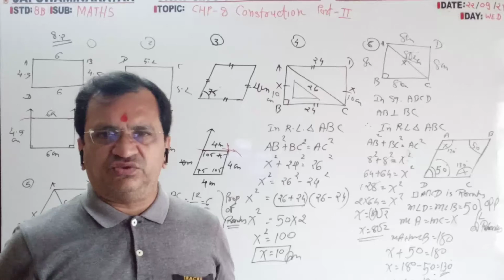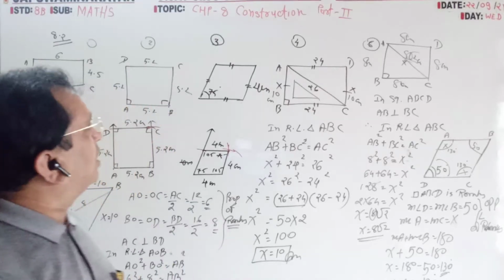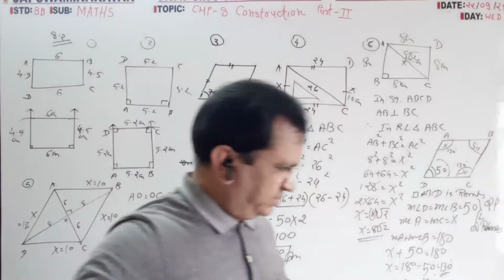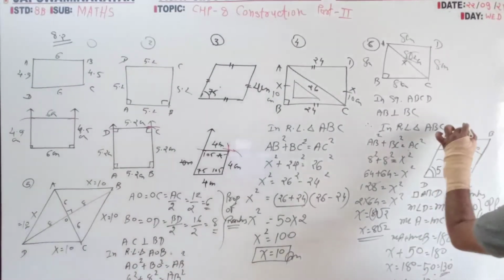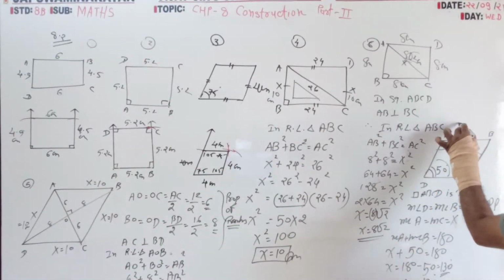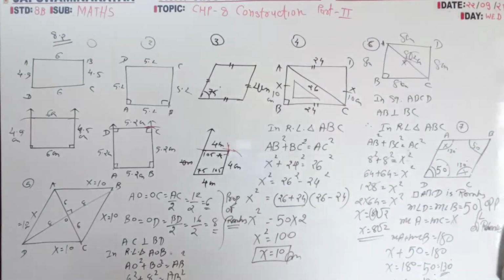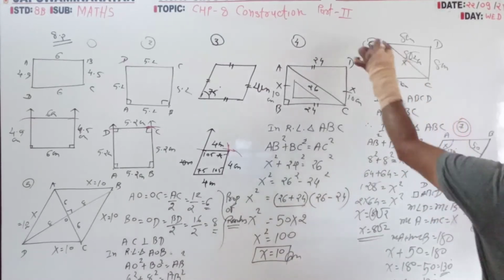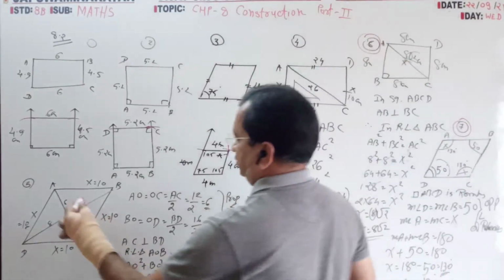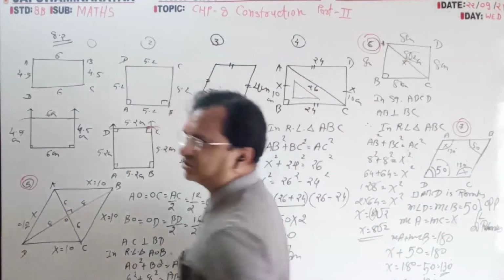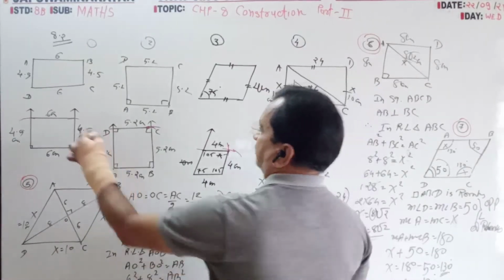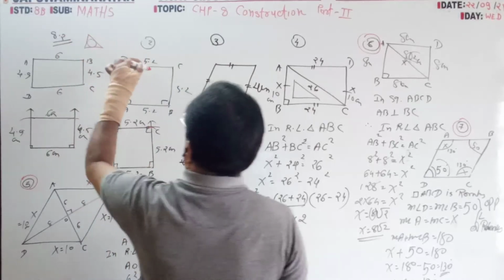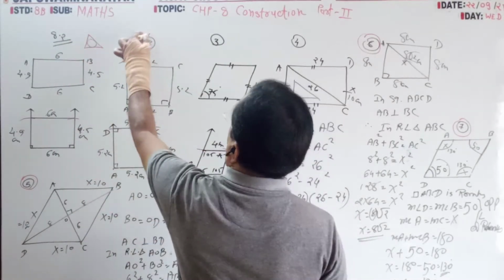So better first you take the screenshot up to question number 4. Here they have given 7 questions, and the last 3 questions, 5, 6, 7, are of calculation, not for construction. Here it is given a rectangle in question number 1. Question number 2 they have given a square.